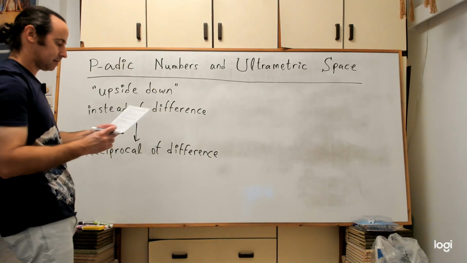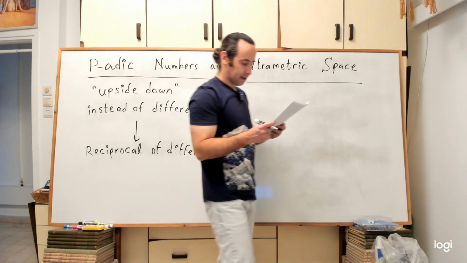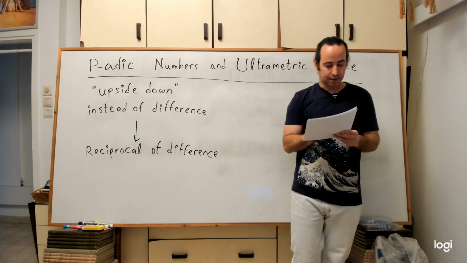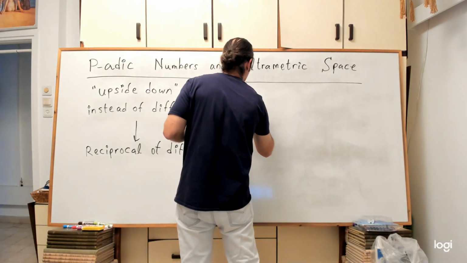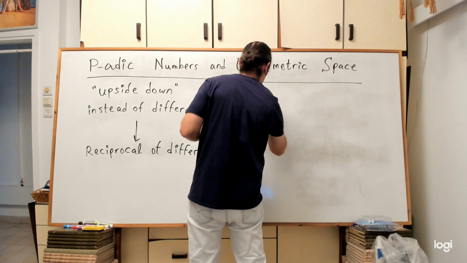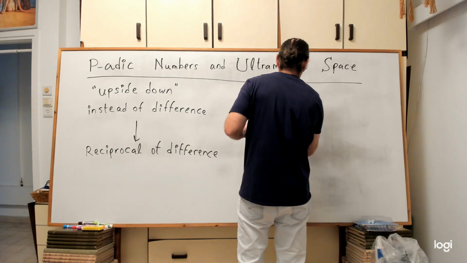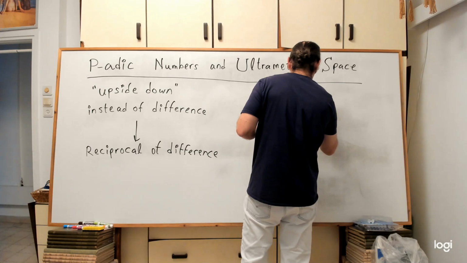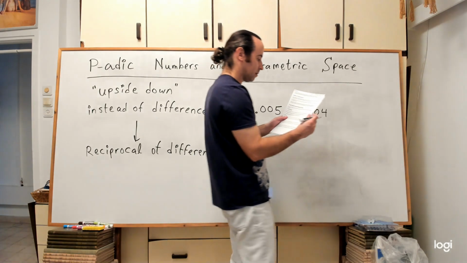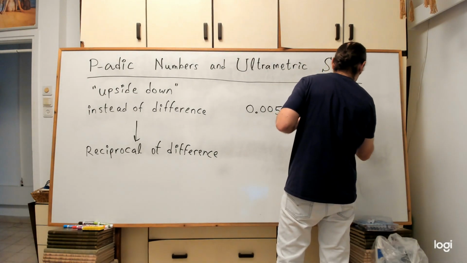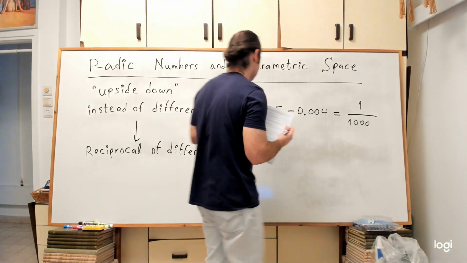Okay, so I'll give you examples. Example 1. With normal numbers, 0.005 is close to 0.004, because the difference is 1 over 1,000. So this is close.